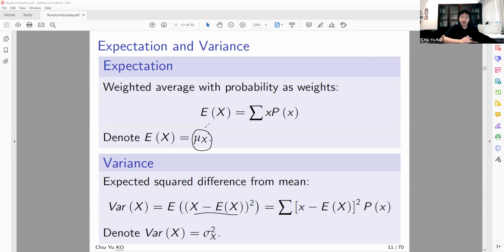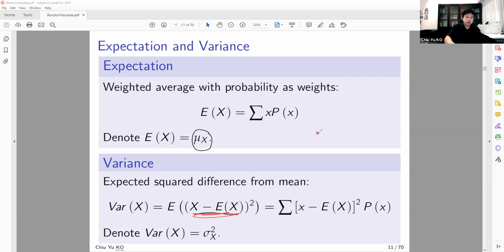And the variance is asking how accurate this expectation is, right? Because if every value is far away from the expectation, this value will be big. It's measuring that.